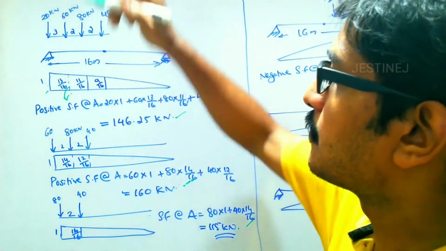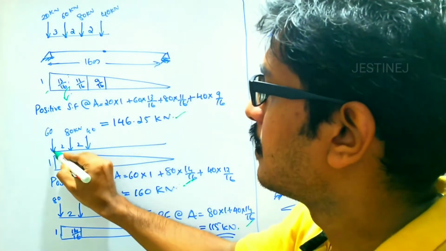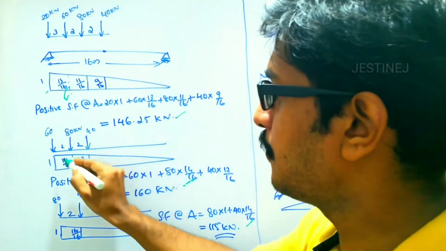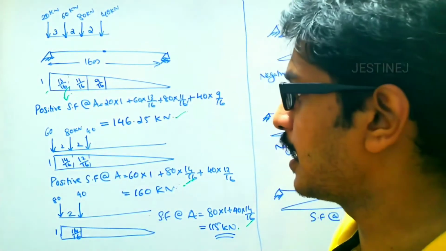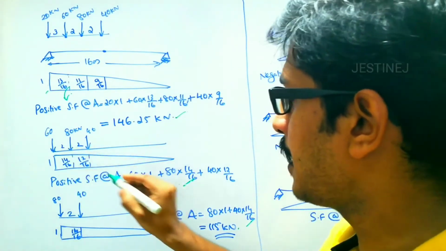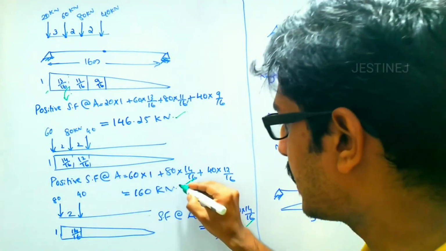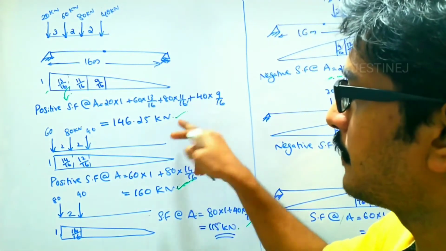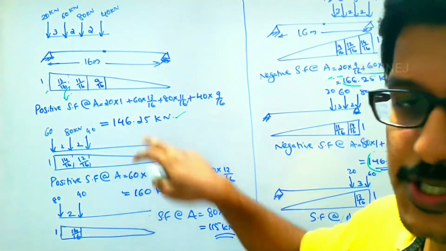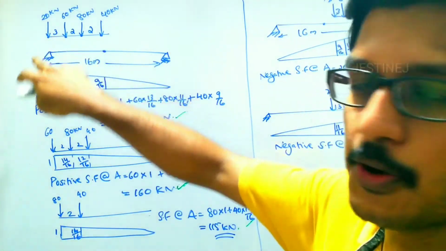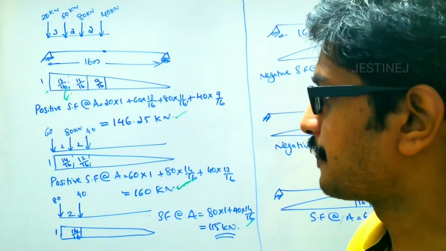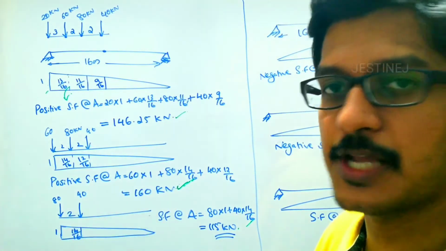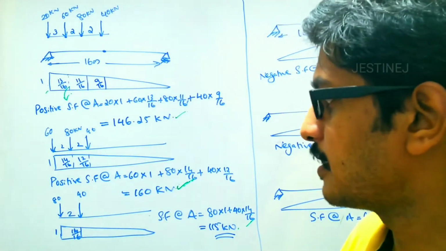Then you have to place the 60 kilonewton over the point A. Then you calculate the ordinates correspondingly, multiply by the corresponding loads, and finally you will get 160 kilonewton. This value is more when compared with 146.25, when the 20 kilonewton is acting at the support A. Again, you can choose the third case, when the 80 kilonewton is placed over the support A. Then what is the shear force value?